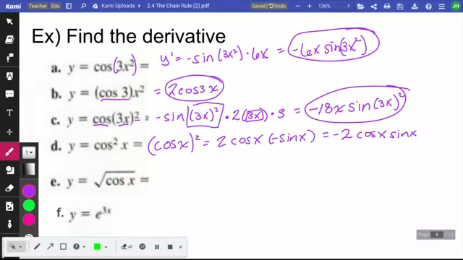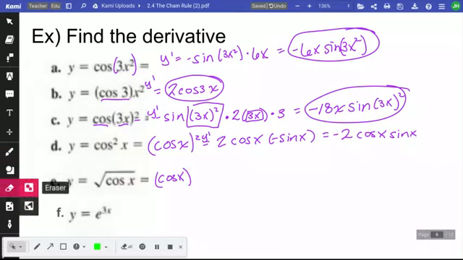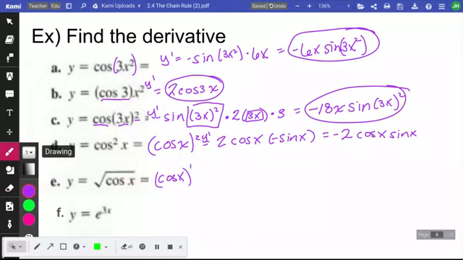This one might help to rewrite as well. These are all y prime equals, not technically equal to the rewrite. This one I already rewrote to cosine x to the 1/2, not negative 1/2. I'm starting to derive it in my head. So that when I do my first derivative, I get derivative of the outside, keep the inside the same.